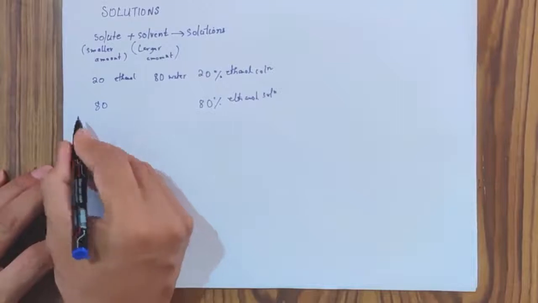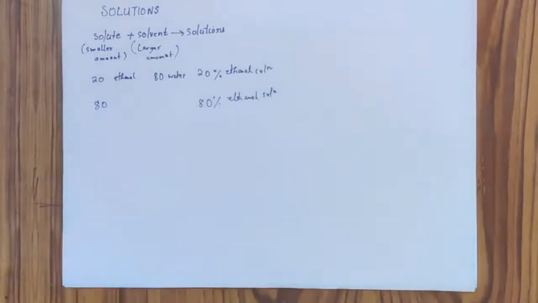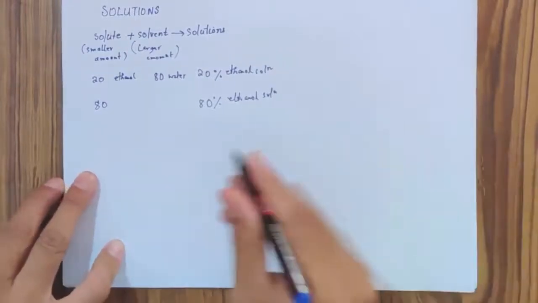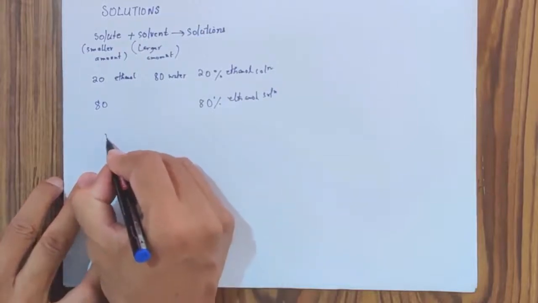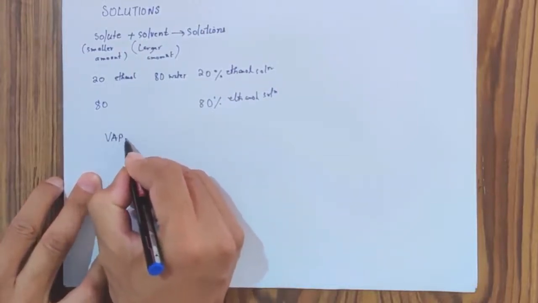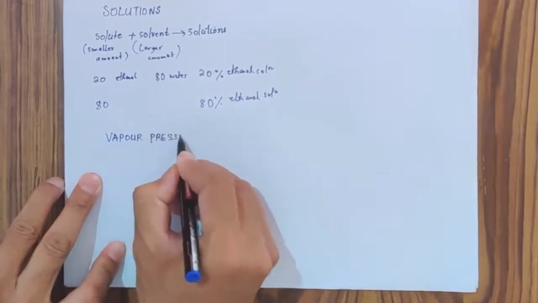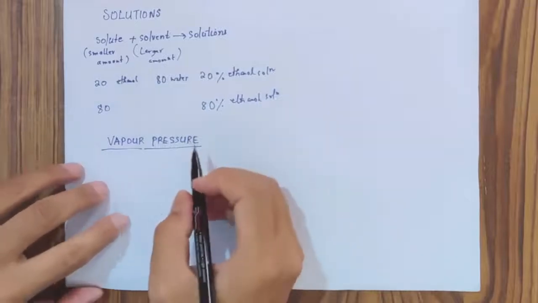A detailed textbook will have the definition of solution and solvent. Now, vapor pressure. Okay, by definition vapor pressure is what?